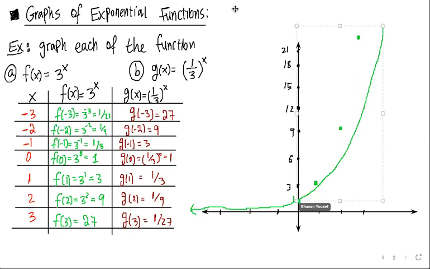So this is the graph for the green one, f of x. Three to the x. So this is f of x equals 3 to the x.